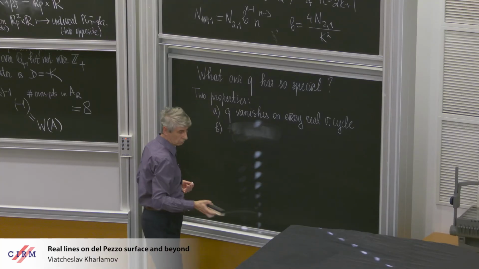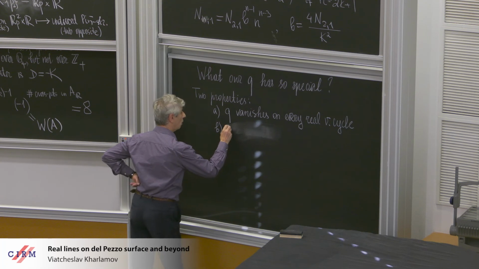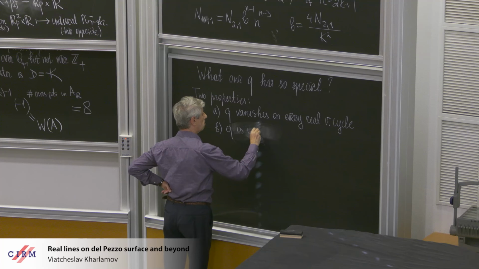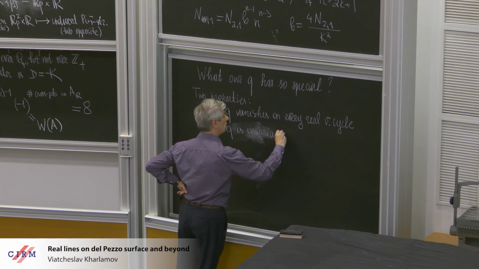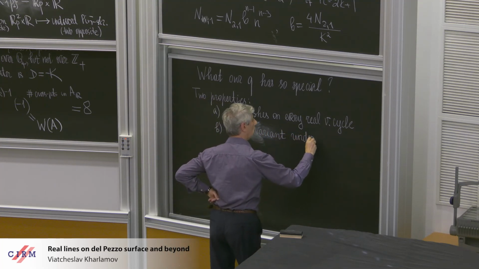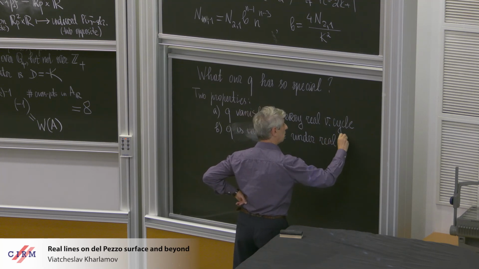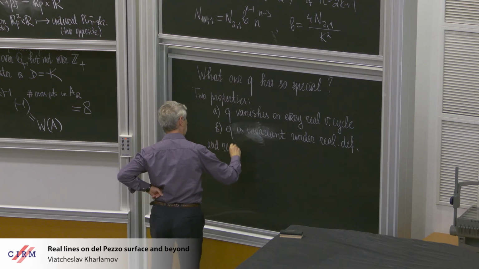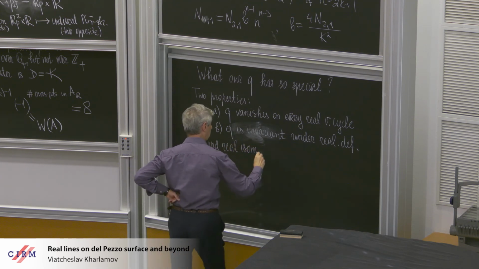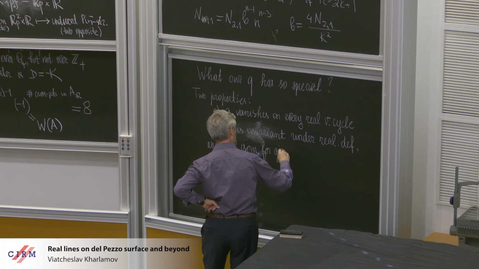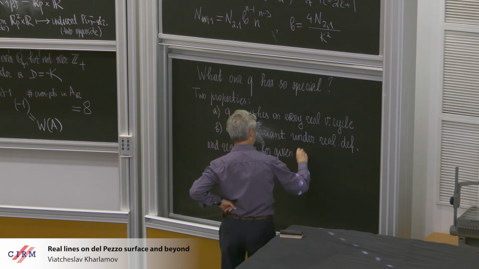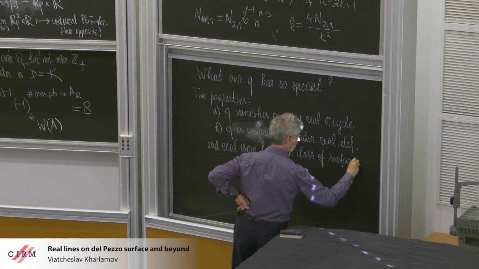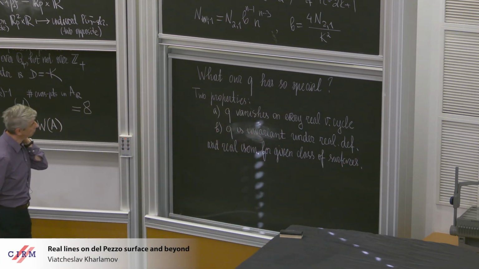The second one is that Q is deformation invariant on the real deformations and real isomorphisms for a given class of surfaces. So this is the first point.